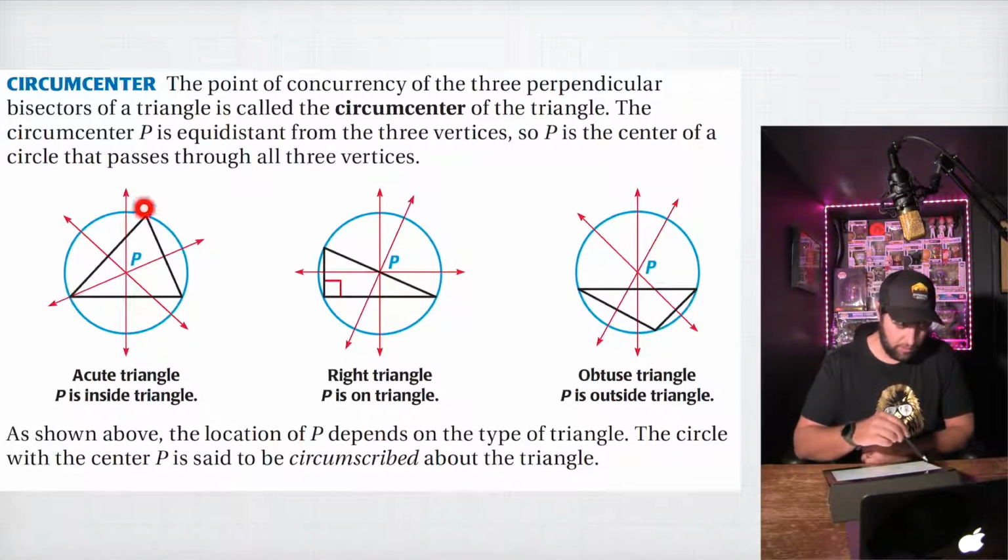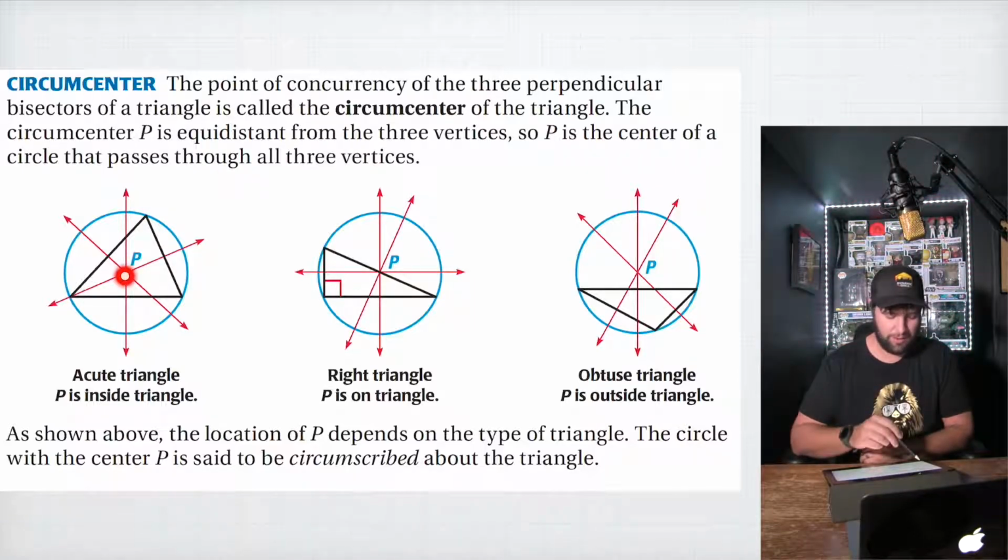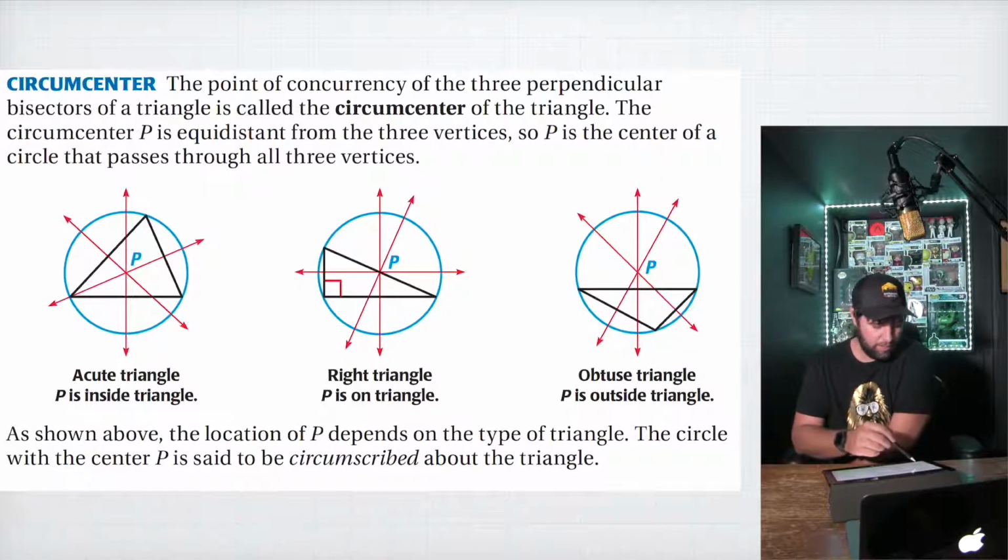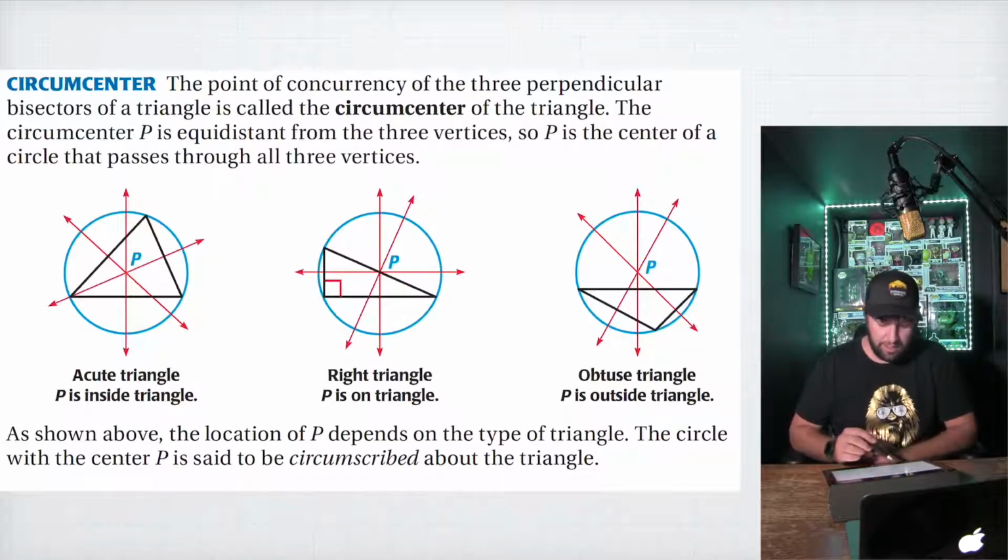So if you were to draw an acute triangle, the point of concurrency that we just learned about would be the center of that circle. For an acute triangle, P is on the inside of the triangle. If you draw a right triangle, P is on the triangle.